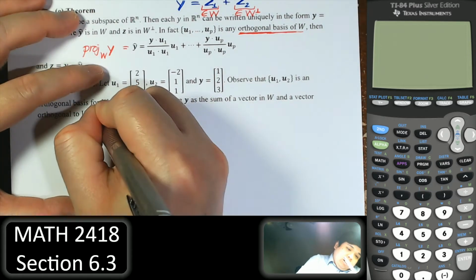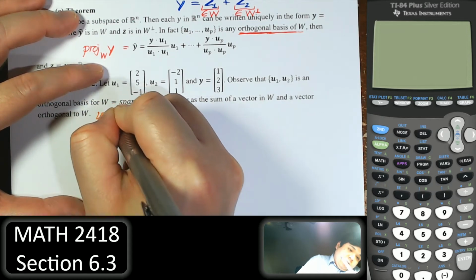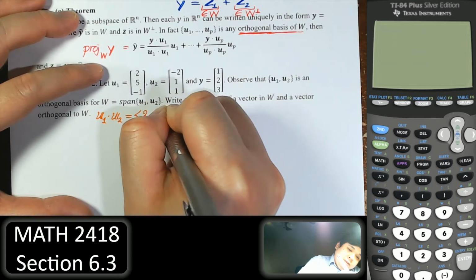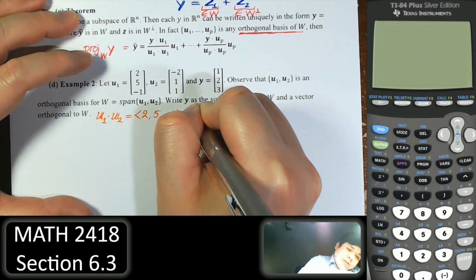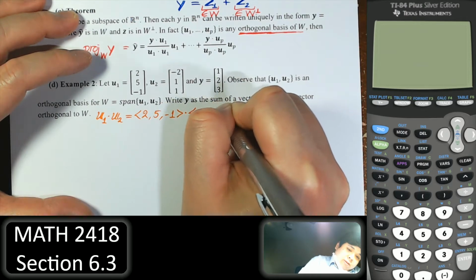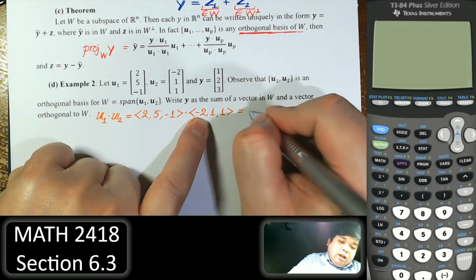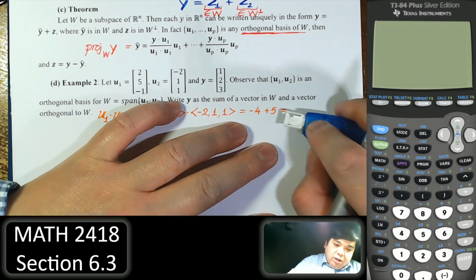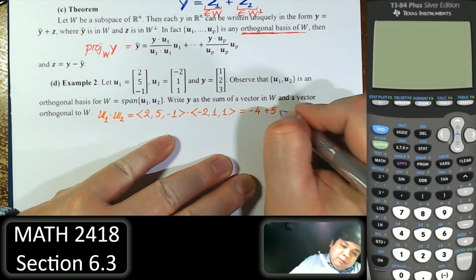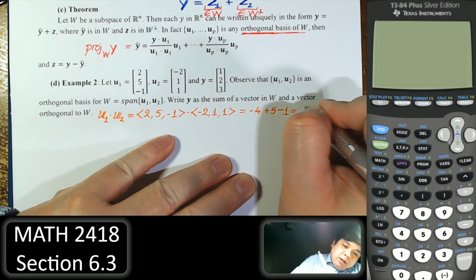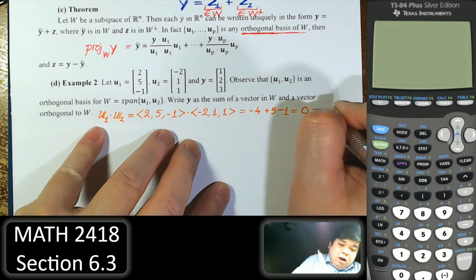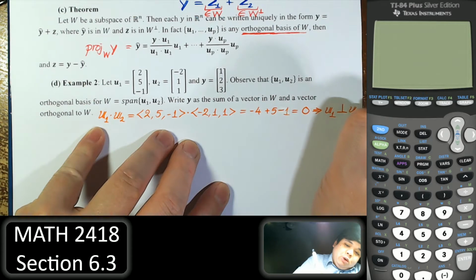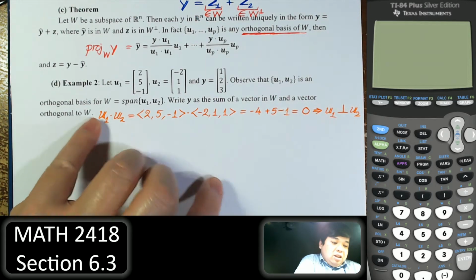So u1 dot u2 is negative 4, plus 5, plus negative 1. That equals 0. Because the dot product equals 0, u1 is orthogonal to u2. So we do have an orthogonal basis for W.